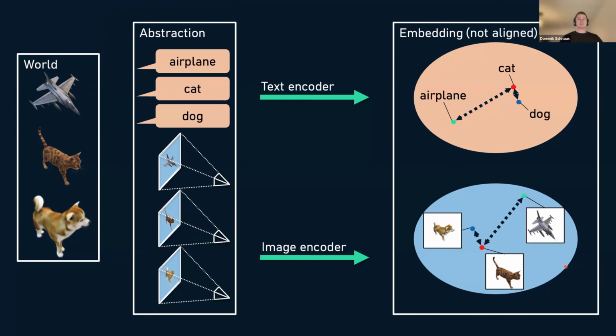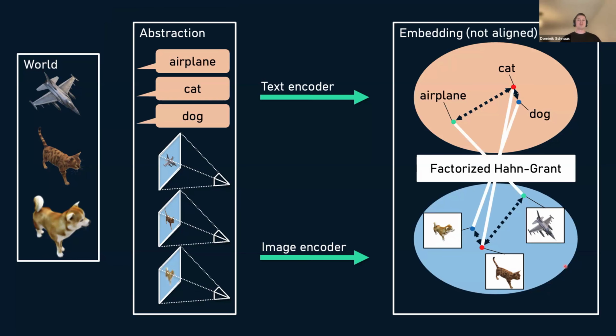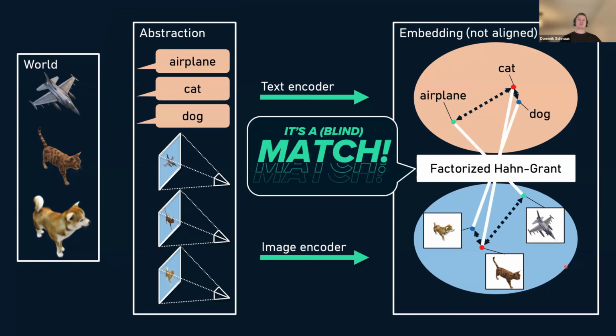So the distances between the text embeddings should be as close as possible to the distances in the vision space. We formulate this as an optimization problem and introduce a heuristic solver called factorized Hungarian. Given our heuristic solver, our work shows that it could indeed be feasible to find matches between vision and language without any paired data, just using these pairwise distances.